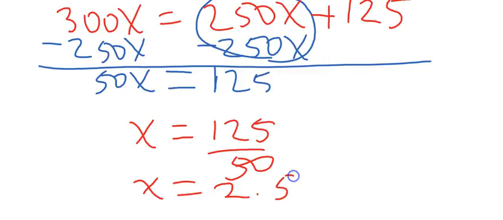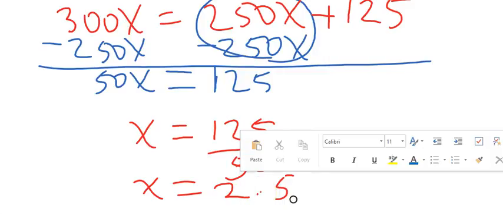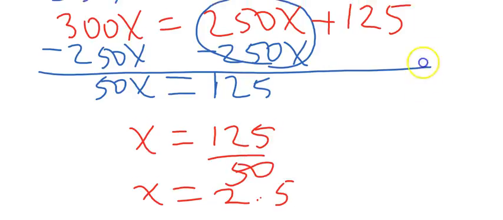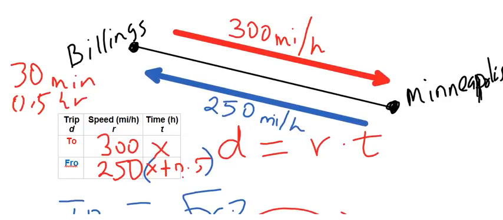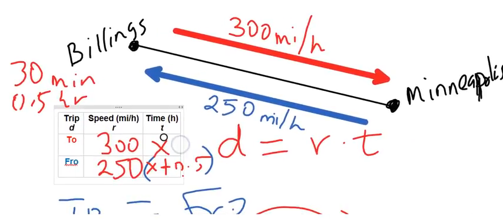So what does that 2.5 mean, Kagni? It's the time in hours that it took, 2.5 hours, to go from Billings to Minneapolis, going to Minneapolis. That's what we had in the table here. So that's what x represents. So this is only for the going.